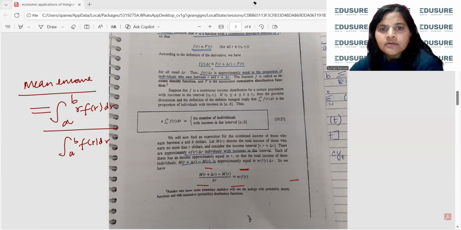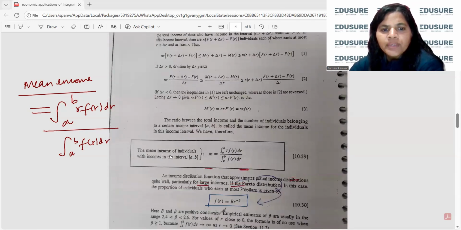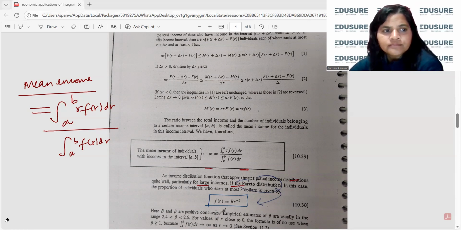So the mean income of the individuals is the ratio between the total income and the number of individuals belonging to a certain interval. So from both the expressions, we get the formula.